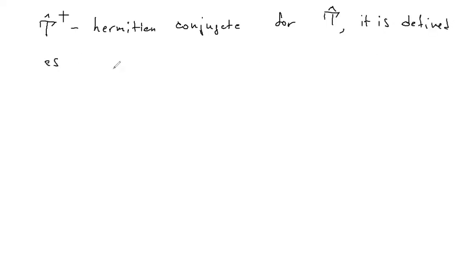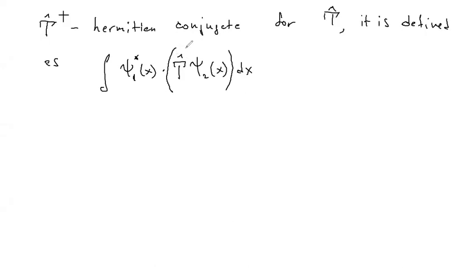so if you have an integral with a wave function on your left side, and let's say this is psi 1, then you have operator T acting on psi 2, and I'm going to put small brackets here, meaning that my operator T can act to the right, and the integration over space.